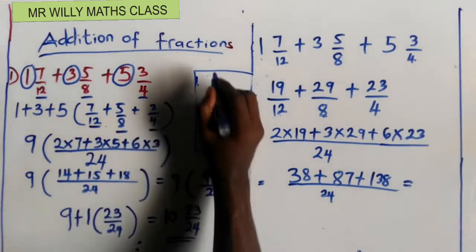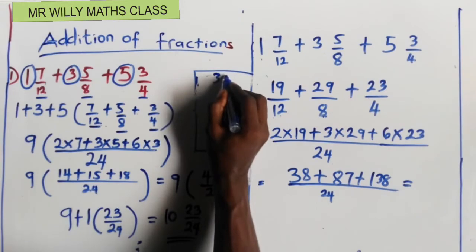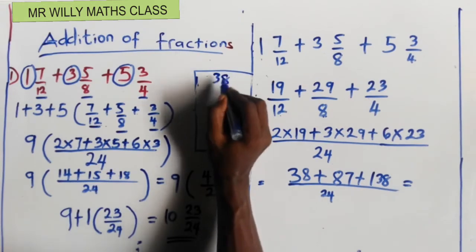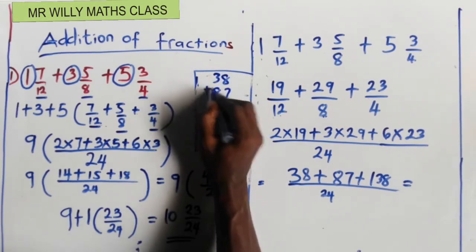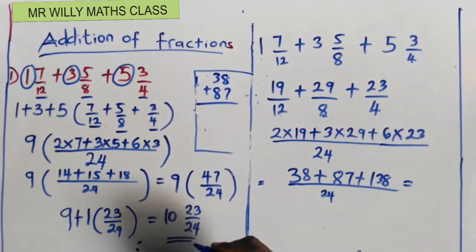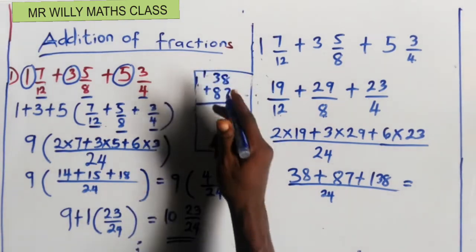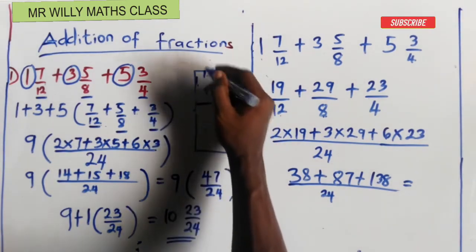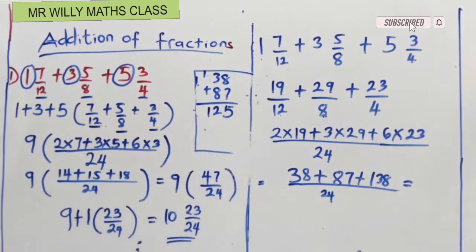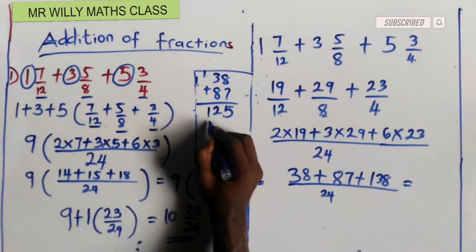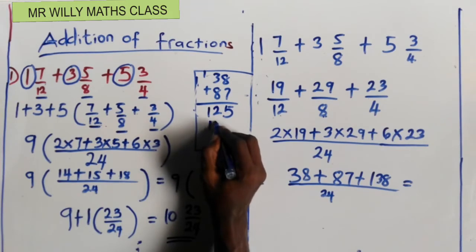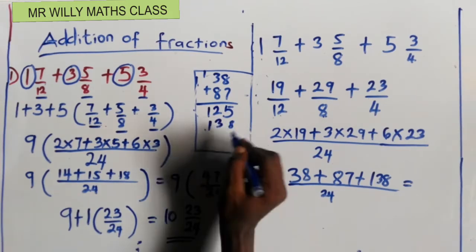Now, 38 plus 87. 8 plus 7 is what? That's 15. You keep 1. 8 plus 3, that's 11. 11 plus 1, that'll be 125. Now 125 plus 138.